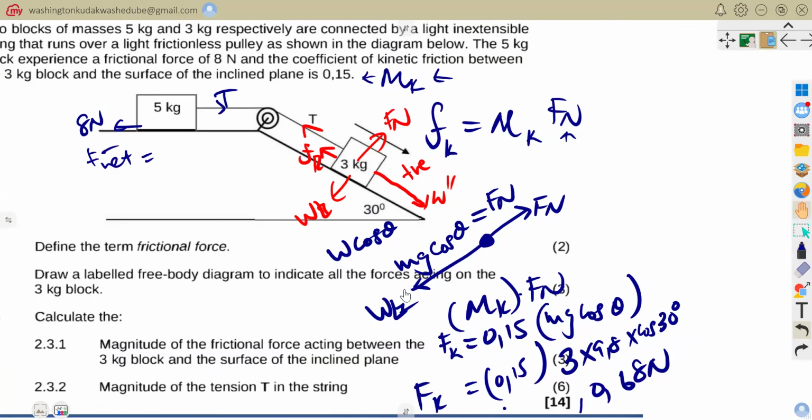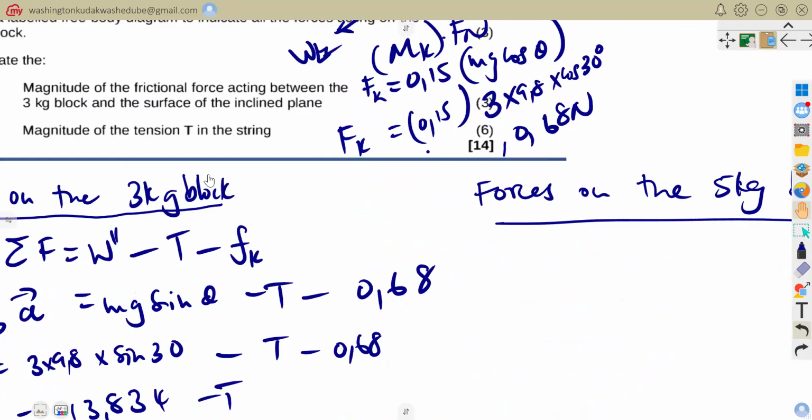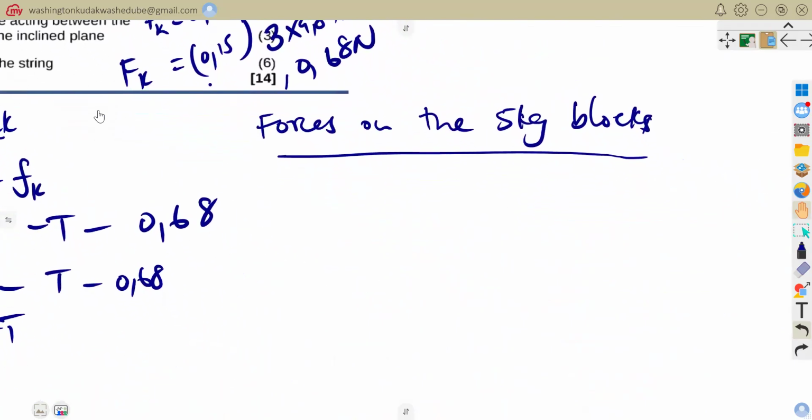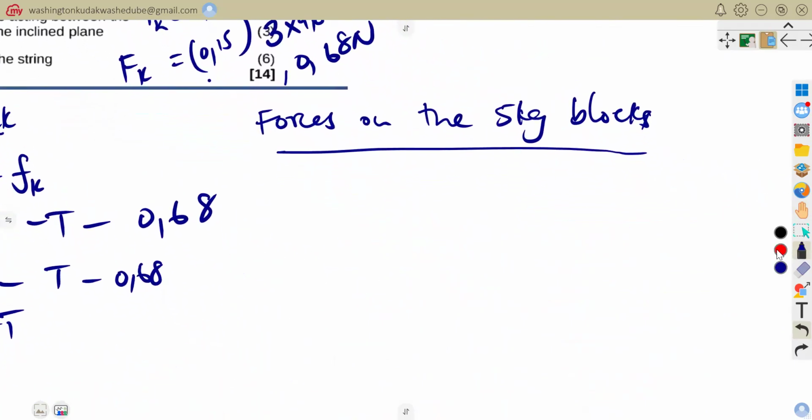F net on the 5 kg block is equal to 5 times acceleration, which is equal to the sum of all vector forces, where I will take going down as positive. So the tension will be positive minus my frictional force, which is 8 newtons.